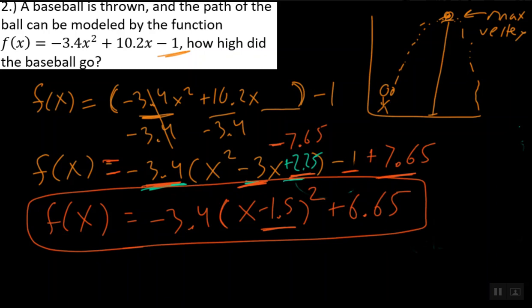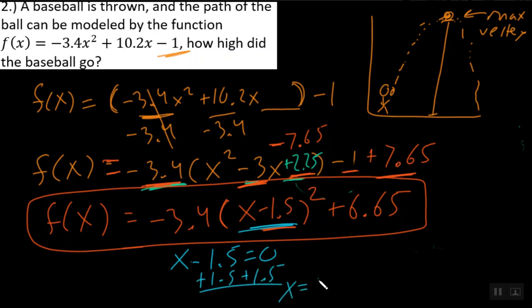And if I take what is inside the parentheses, x minus 1.5, and I set this equal to 0, well, I can add 1.5 to both sides, and I get my x value is equal to positive 1.5. So this vertex up here is really at the point 1.5 comma 6.65.